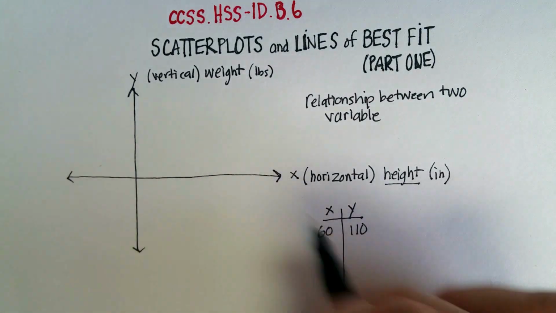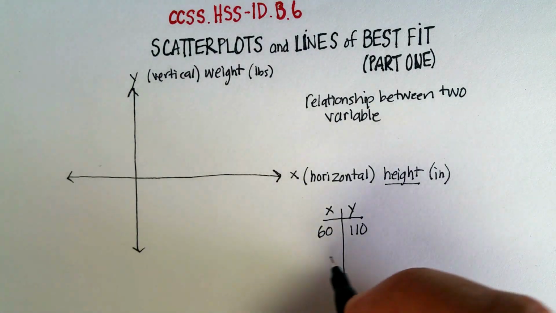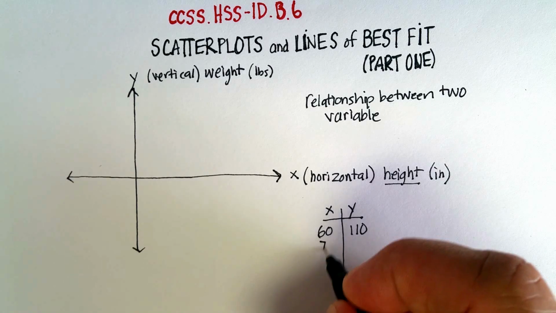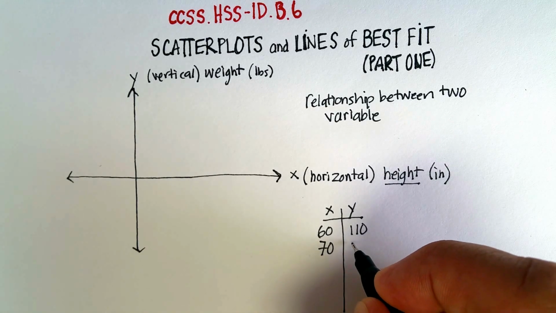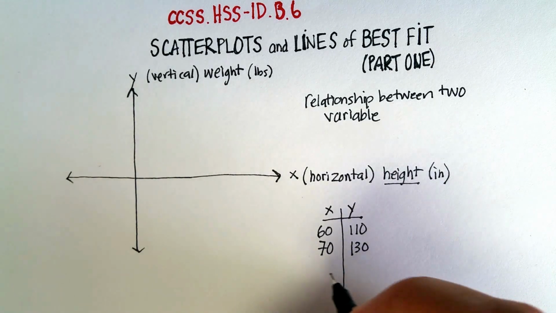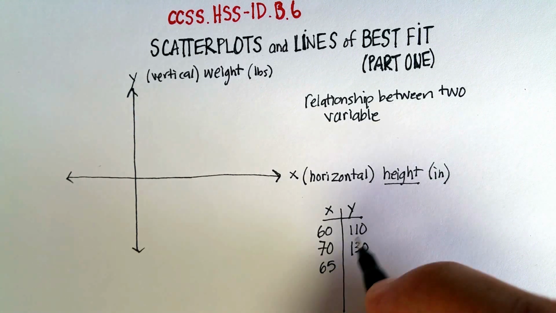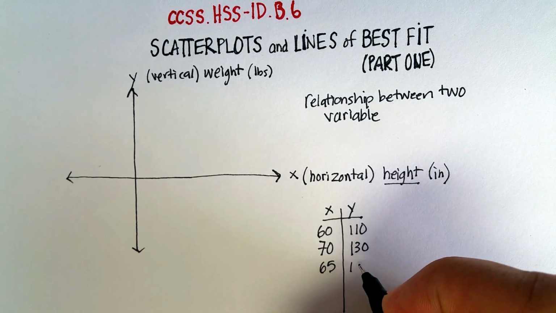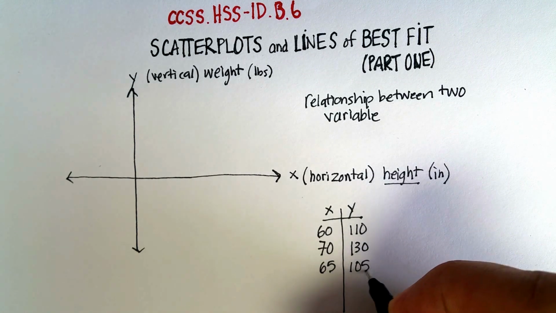And let's just go around and collect data. I'm just going to make some arbitrary numbers up. Let's say if you are 70 inches tall, you are 130 pounds. Let's say that if you're 65 inches tall, you are 105 pounds.